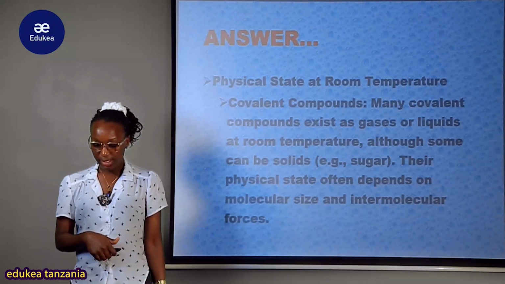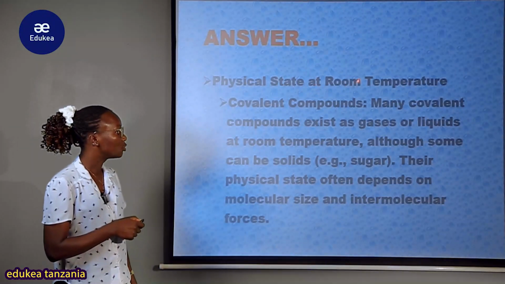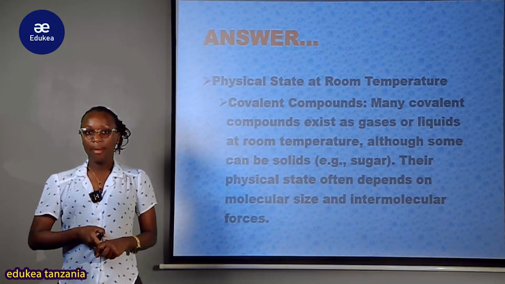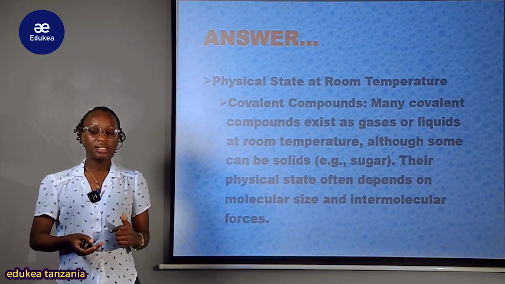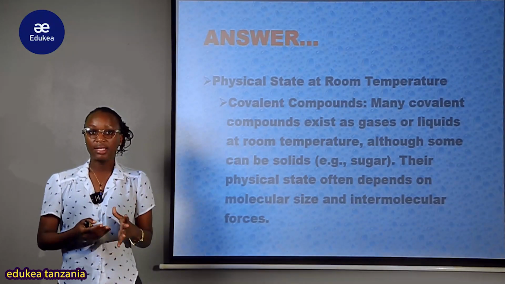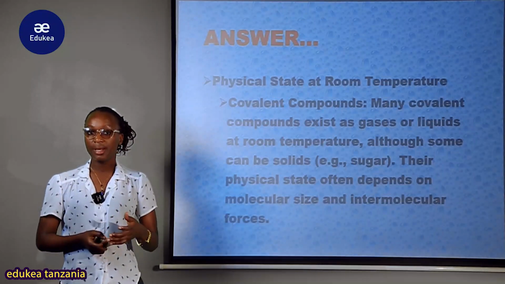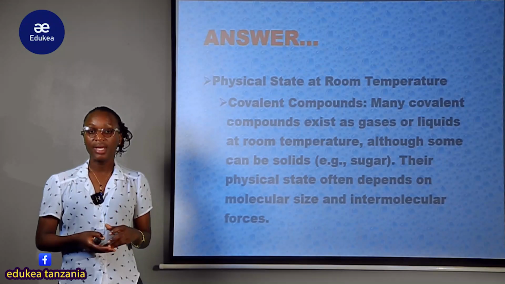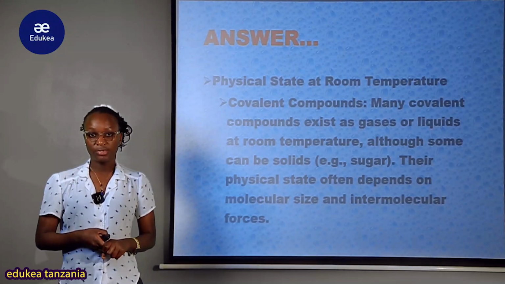Okay, another point is in terms of physical state at room temperature. Physical state, kwamba how the covalent compounds zinavyokuwa in terms of physical state at room temperature. The same applies to how the ionic or electrovalent compounds zinakuwa in terms of physical state at room temperature.